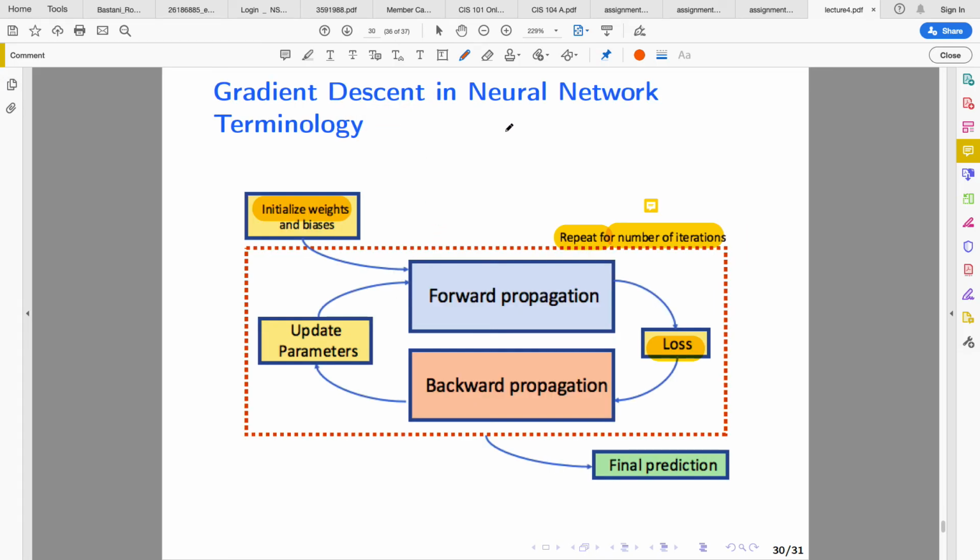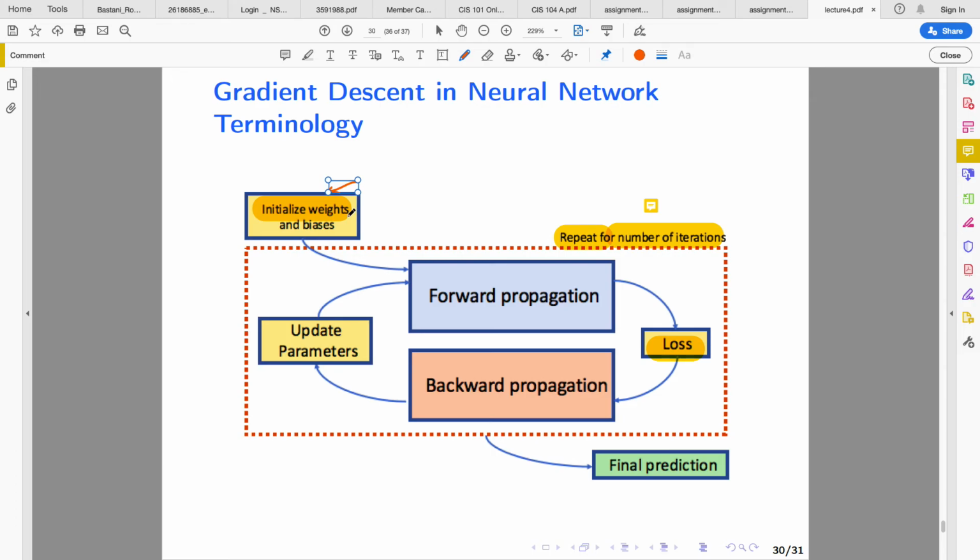So the gradient descent in neural network terminology, how is this done? This is an iterative process. What do we start with? We first of all do a random initialization of our weights and biases. Don't forget that this random initialization is actually taking some numbers and randomly giving them values.